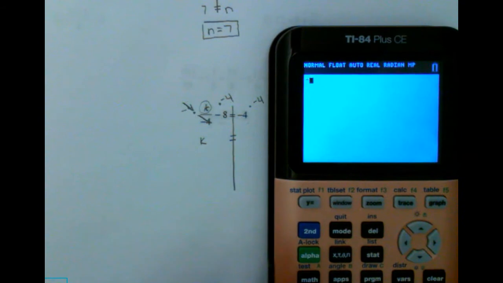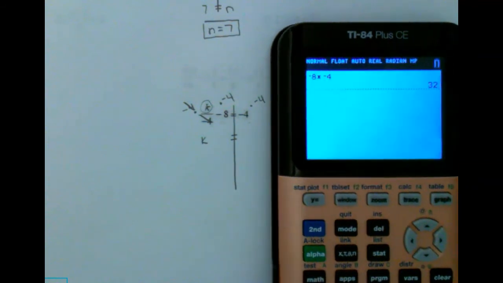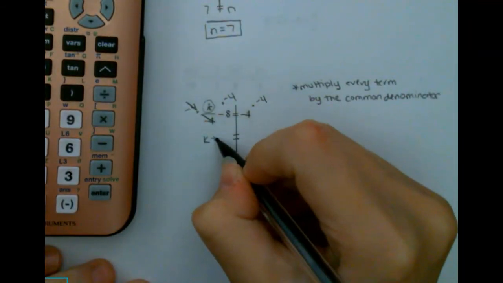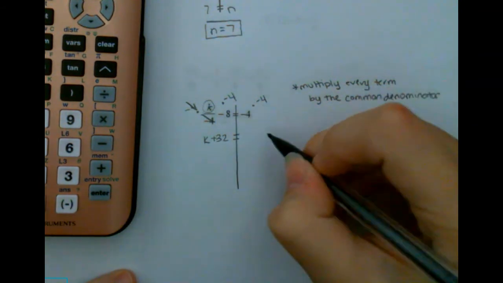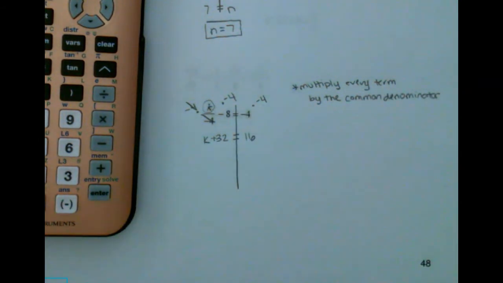We're just trying to do this stuff in our head and it's not working out. So even for something simple like a multiplication table problem, use your calculator. That's a positive 32. So I'm going to put plus 32 right here. And then negative 4 times negative 4 gives me a positive 16.